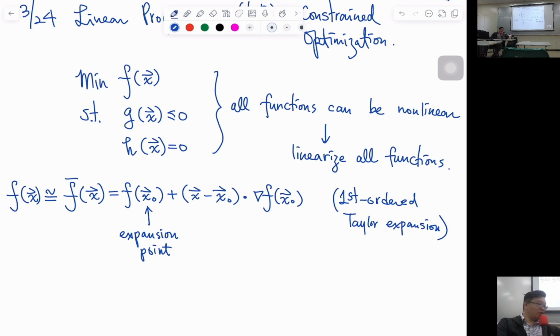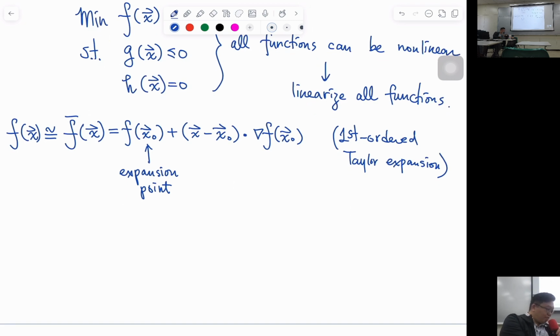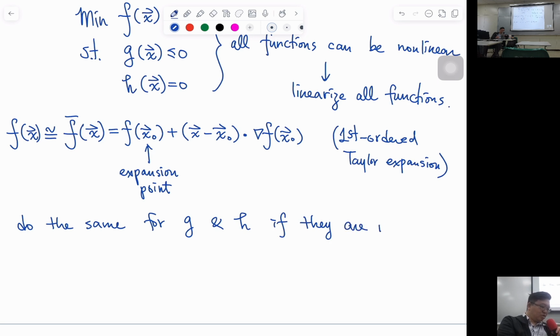Later on, I can tell you what people usually do when this is happening. But at this point, we don't care. Next, do the same for functions g and h, if they are nonlinear. Basically the same.